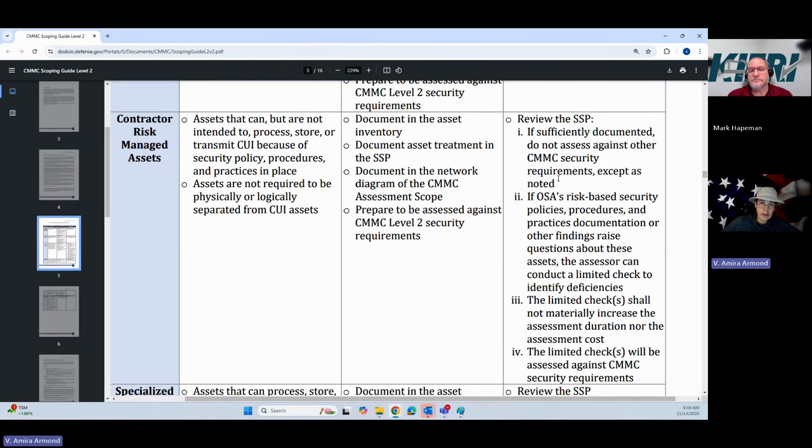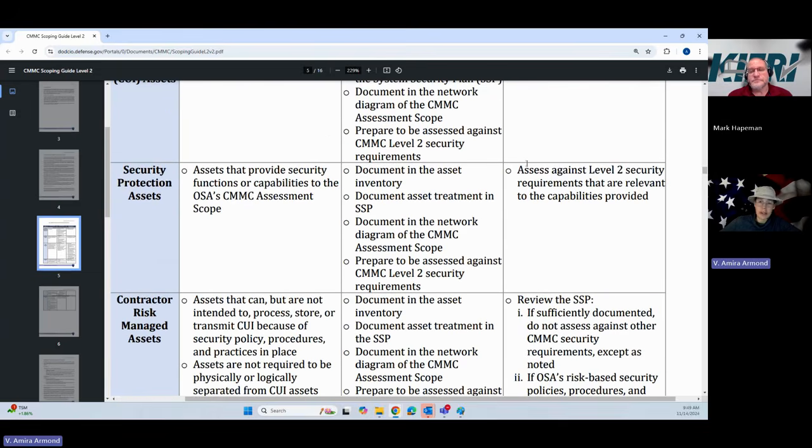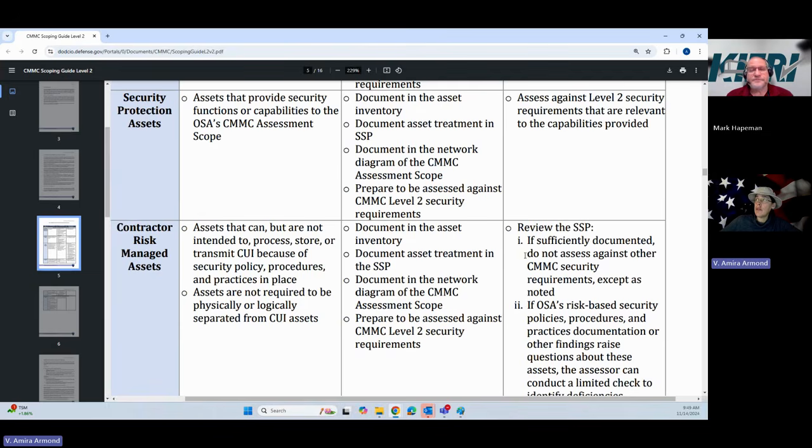Is it well documented? Does the SSP say that the antivirus server has MFA and screen lock and is being patched and vulnerability scanned and all that stuff? And then we're good. We don't have to look at anything else. We just need to make sure that it's doing the antivirus stuff. Okay. But yeah, this is absolutely an example of where we have to kind of combine categories, right?